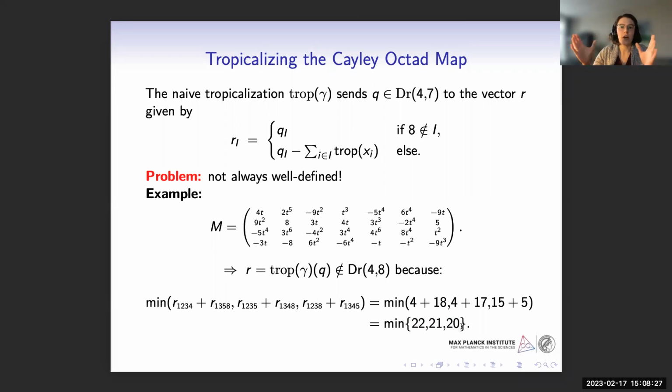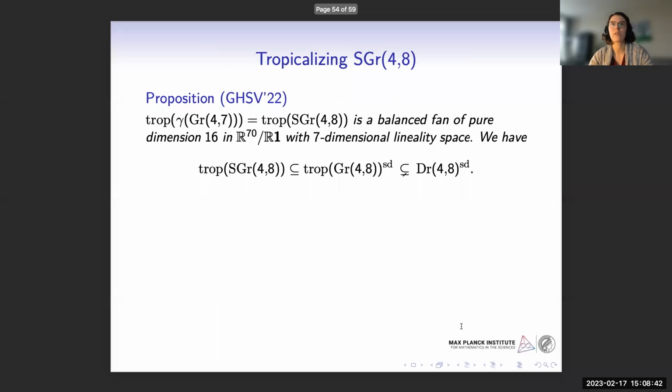So this is still open, and if anybody has any ideas on how to fix this problem, I would really like to talk to you about this. However, we can still make first steps in understanding what the tropical self-dual Grassmannian 4,8 looks like.